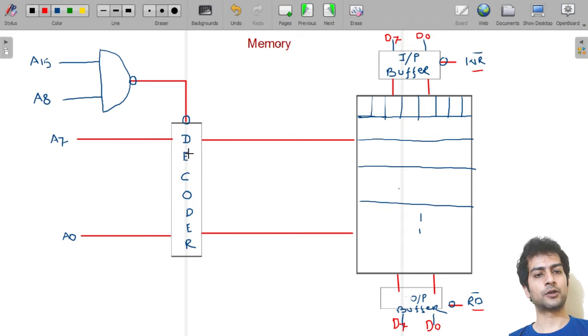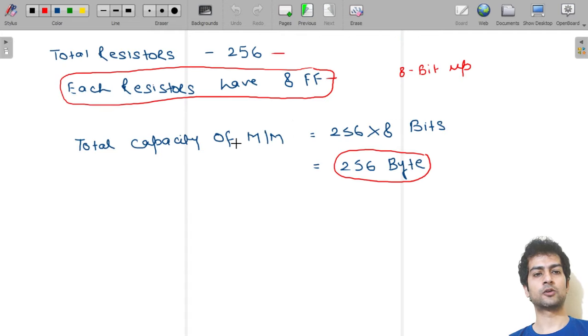Now, coming to the decoder part, what is the functionality of a decoder? I told you that the total capacity of the memory is 256 bytes. So the input of the decoder will have 8 data lines.